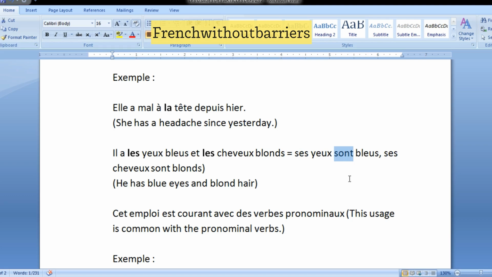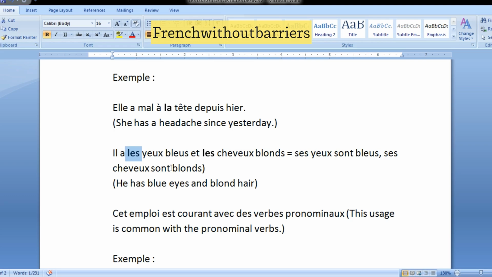As you can see, we are using être here and we are using possessive adjectives here. It is allowed, but with avoir, no, you don't use your possessive adjectives, you only use your definite articles. So in case you want to use être, you can use être with your possessive adjectives, or you use avoir with the definite article.